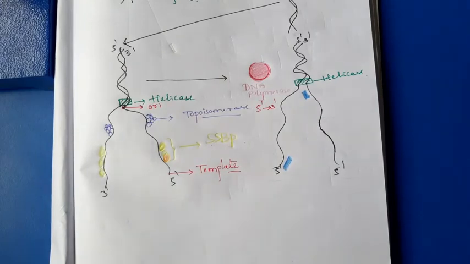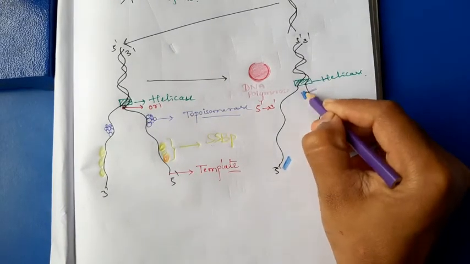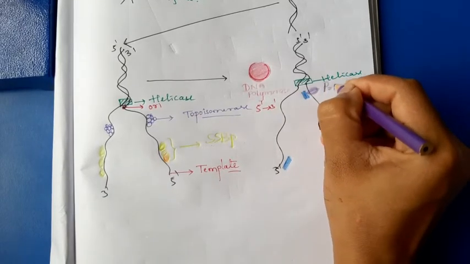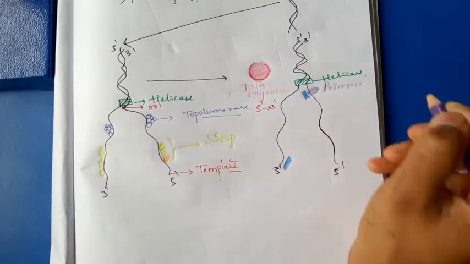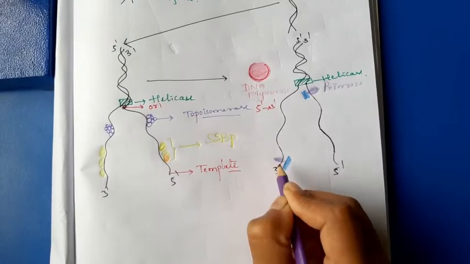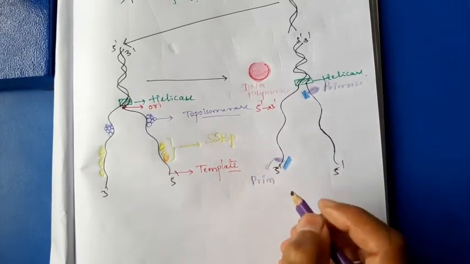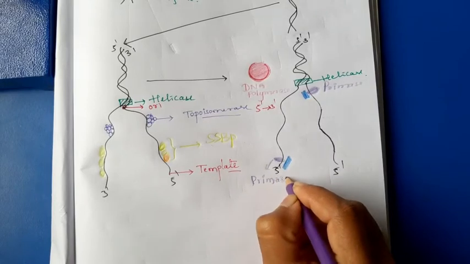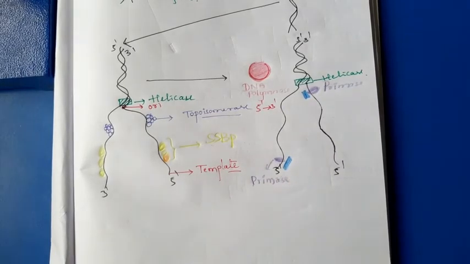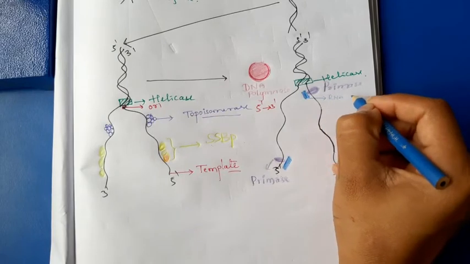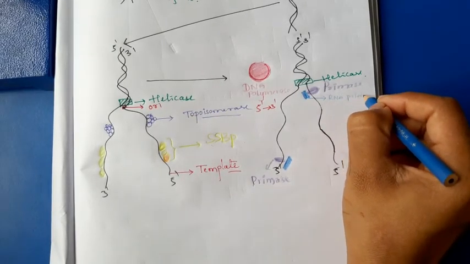We can take that enzyme here, the primase enzyme. Primase is an RNA polymerase that adds a small segment of RNA. It is known as the RNA primer.